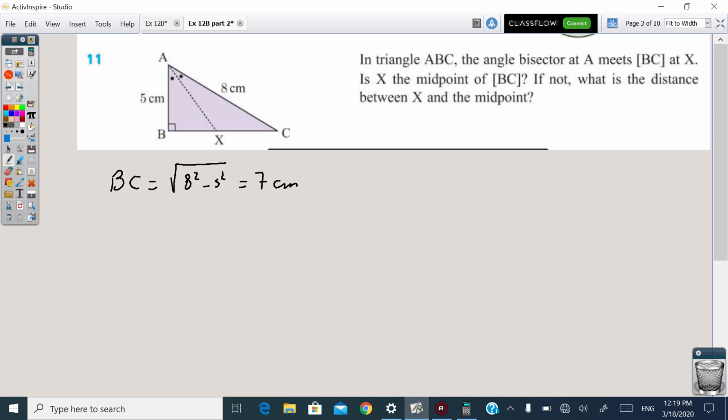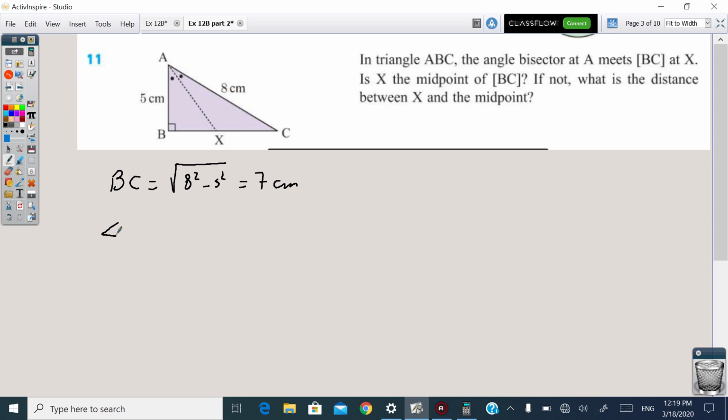The first thing to do is say, okay, let's calculate the angle, for example, BAC. As far as BAC is concerned, in the big triangle, the 5 is the adjacent, and the 8 is the hypotenuse.